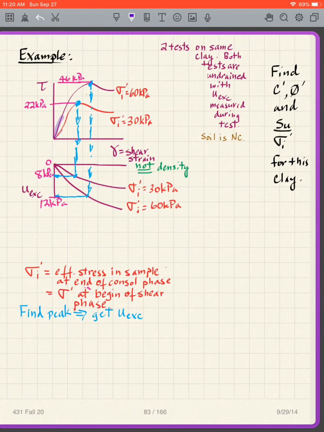This curve here goes with this curve here. So I'm showing 4 curves, and this curve and this curve are both from the same test, and this curve and this curve are both from the same test.